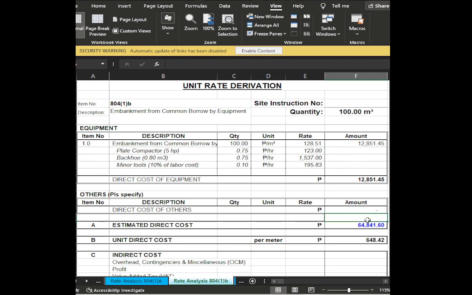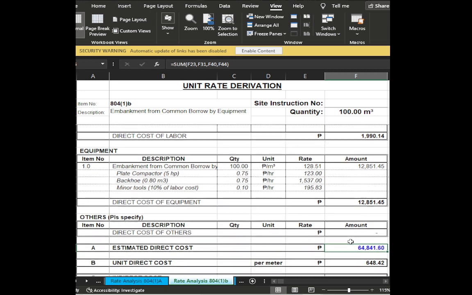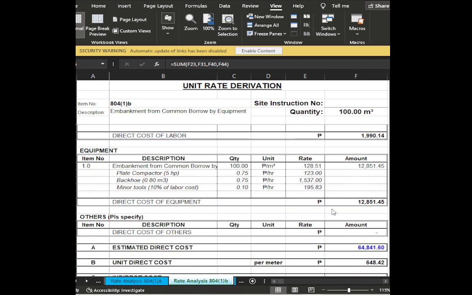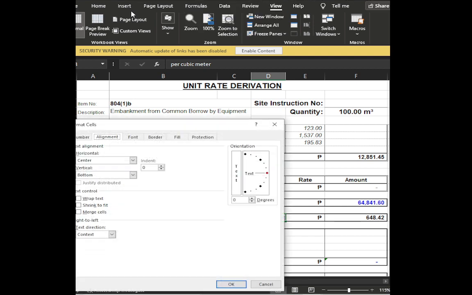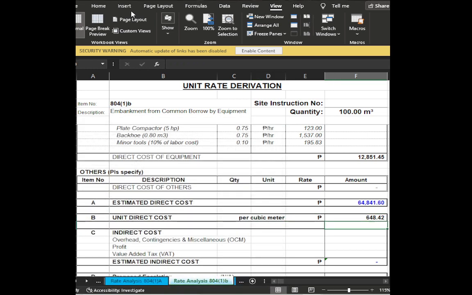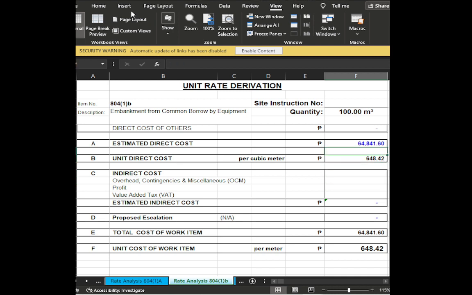This total is 64,841, which we divide by the 100 cubic meters, so 648.42 per cubic meter.